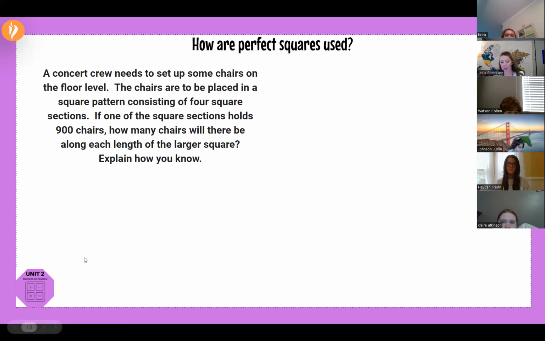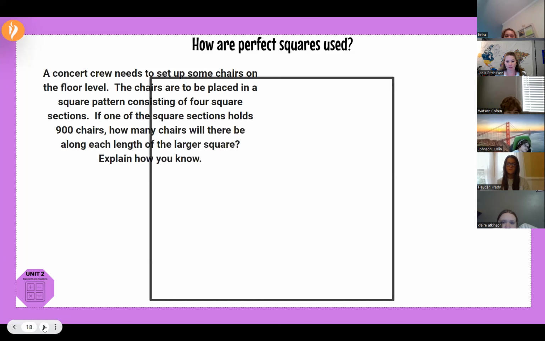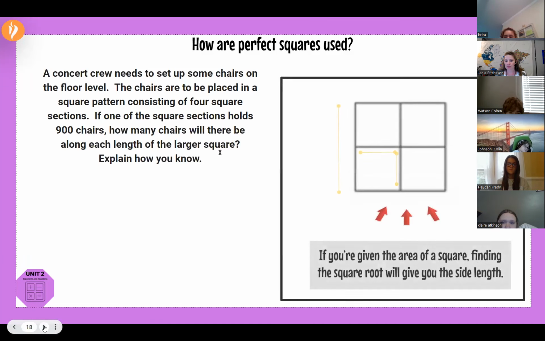Think about it. I'll draw you a picture. Watch my picture. So basically there are 4 sections. Each section needs 900 chairs. Each section is a square. The question is, how many chairs will be along the whole length right there? Do you understand?